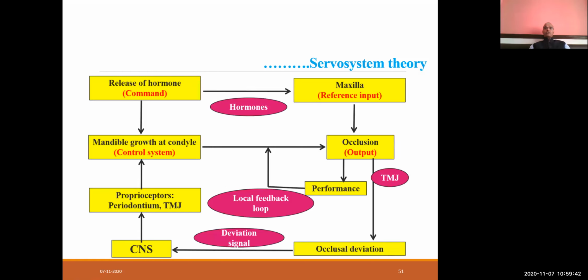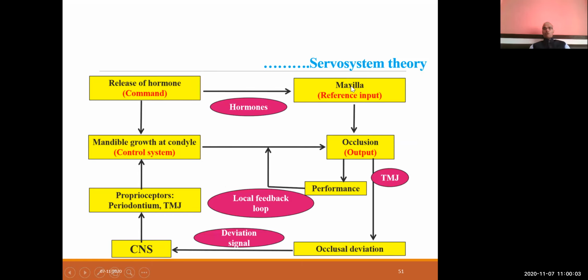These are the summary of servo system theory. Means here is the release of hormones like somatomedin hormones. These are the command. So these hormones control the growth of the maxilla, which acts as a reference input.